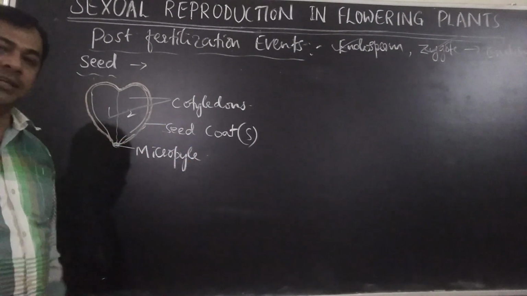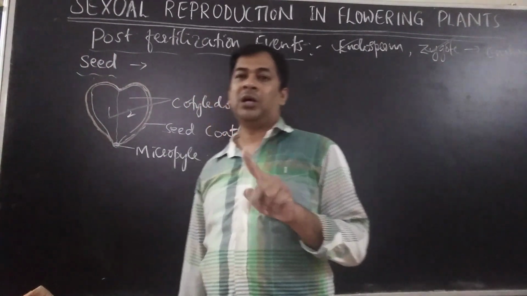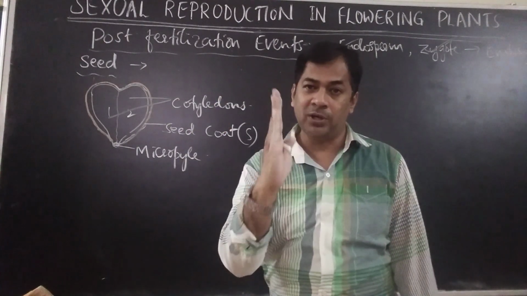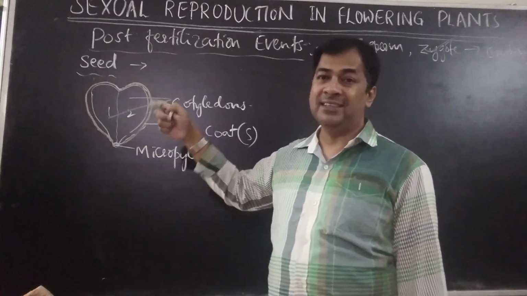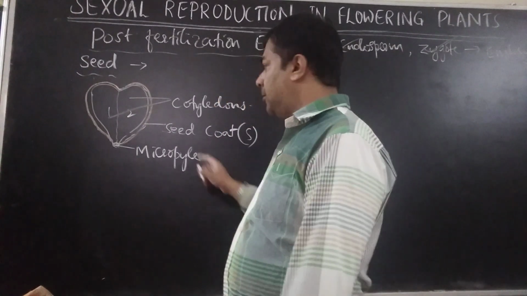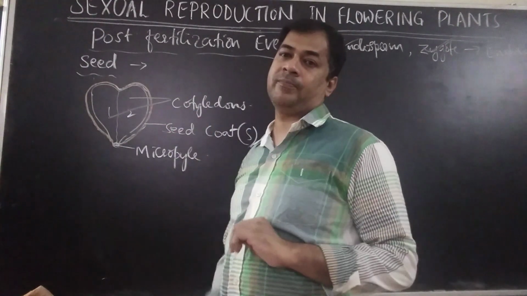Why is this micropyle there? Micropyle is required for two purposes now. Before, in the ovule, micropyle was required for entry of the pollen tube. Now this micropyle in the seed is required because the seed requires two things: one is oxygen, the other one is water.